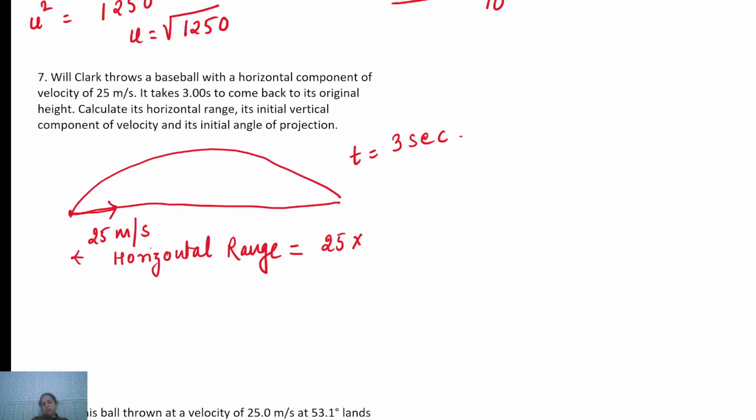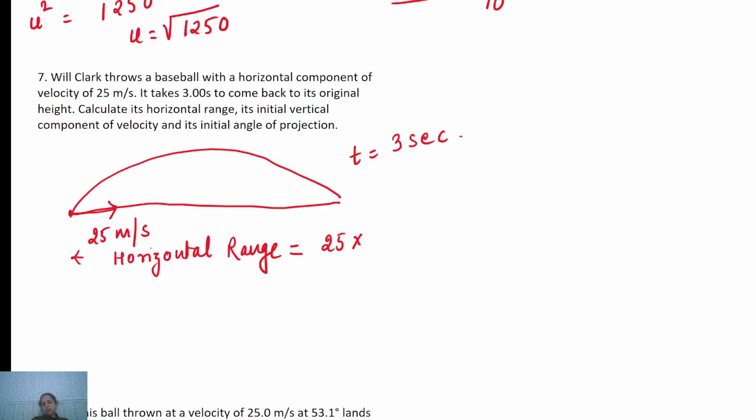By using y direction displacement as 0. So this is ut plus half at squared, which is 0. U is the vertical velocity, which is u sine theta, times time, which is 3 seconds. And because the speed is upwards, I have to take acceleration as negative, times 10 times 3 squared, is 0.